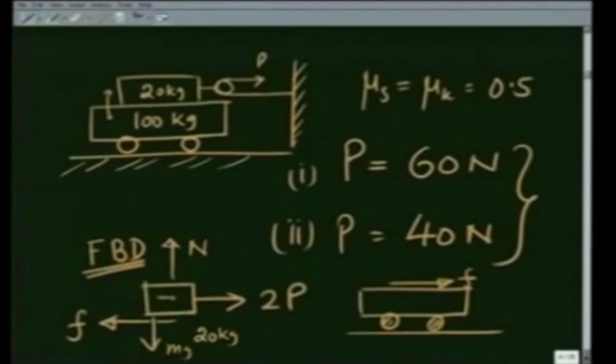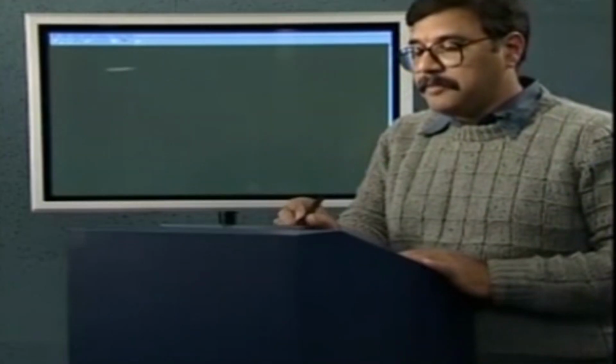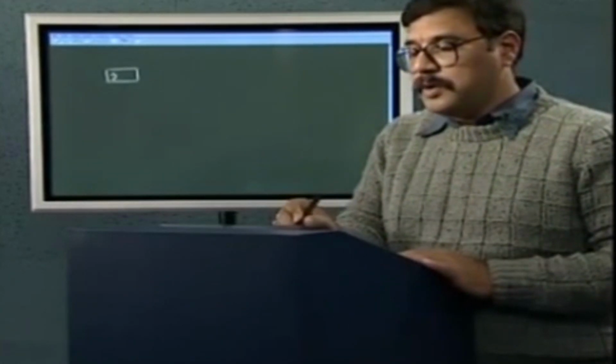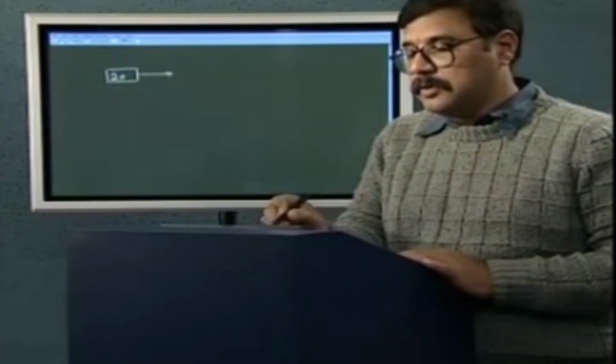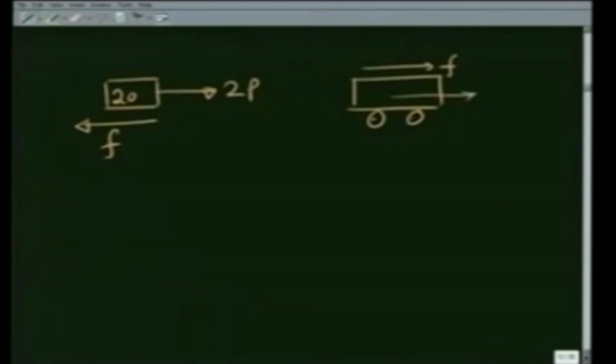If I draw it again, showing only the relevant forces for horizontal motion, the free body diagram for the 20 kg mass is 2p this way, friction this way, and for the trolley is friction this way. So the trolley would move in this direction, accelerate in this direction due to this frictional force.